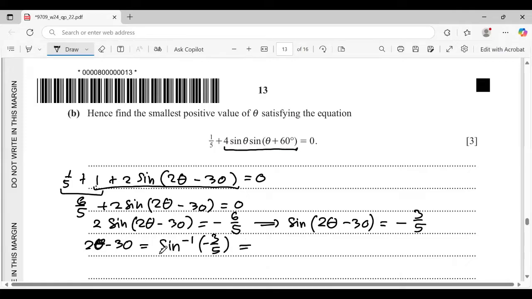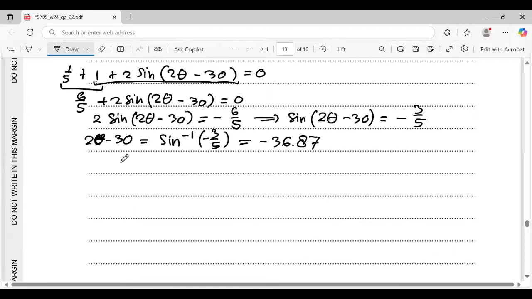And arc sine of minus 3/5 is minus 36.87. So 2 theta minus 30 equals minus 36.87, or 2 theta equals minus 36.87 plus 30, which becomes minus 6.87.